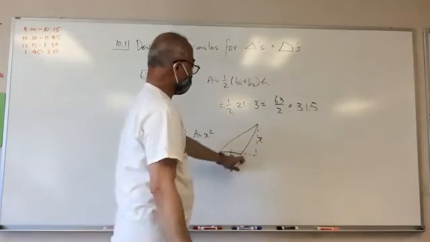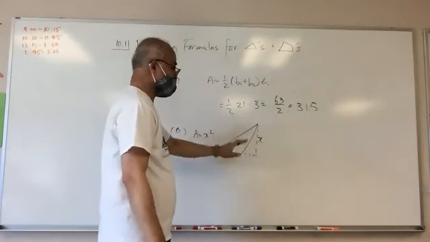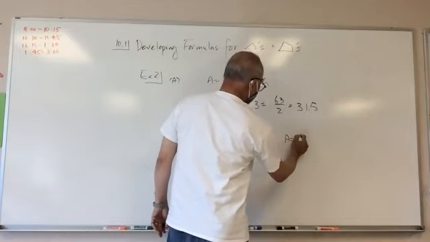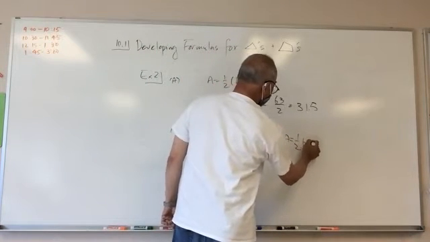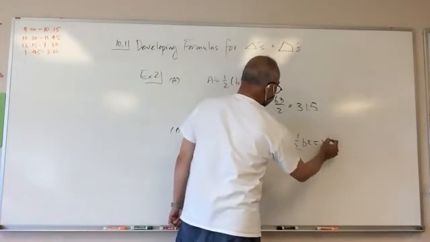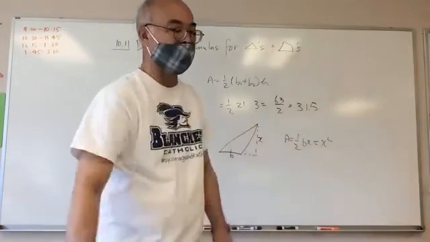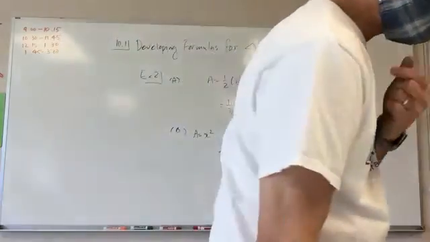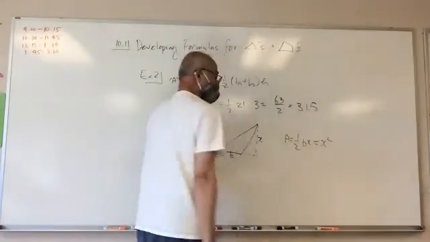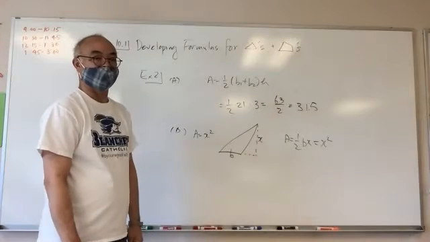So if I look from this side, from this point, my area is going to be 1/2 base times height. But that is equal to x squared. I'm told it's equal to x squared. I'm trying to find the base. I'm trying to find what B is here.